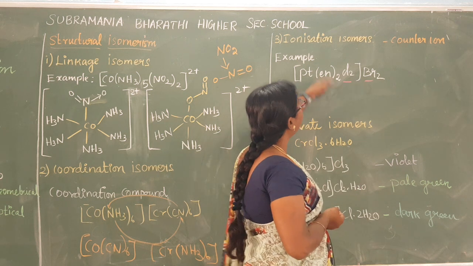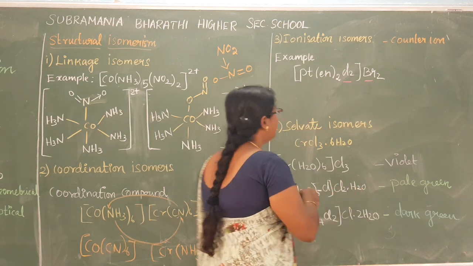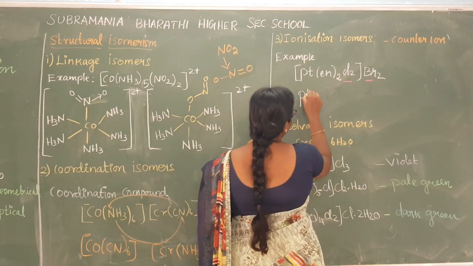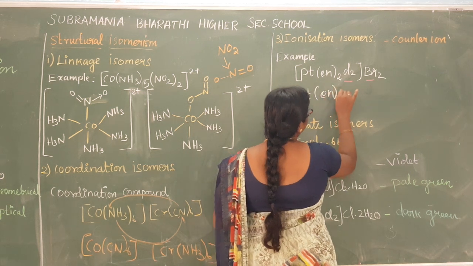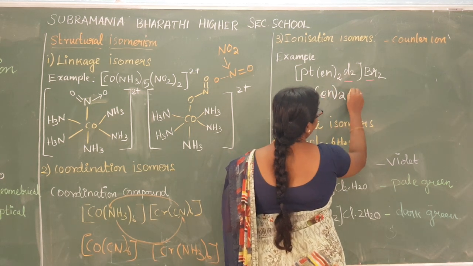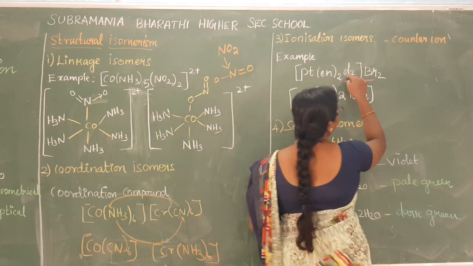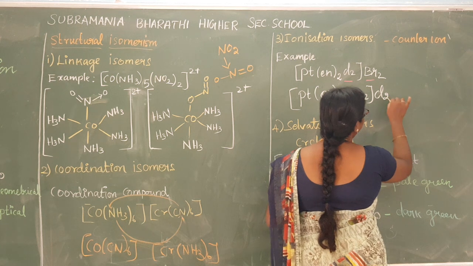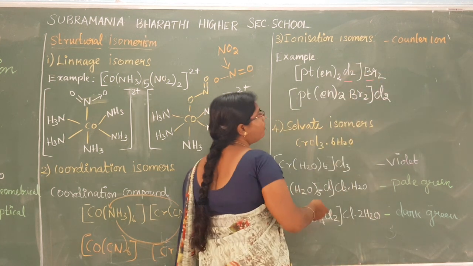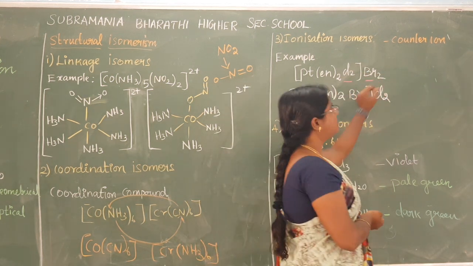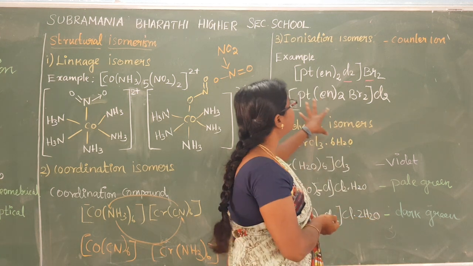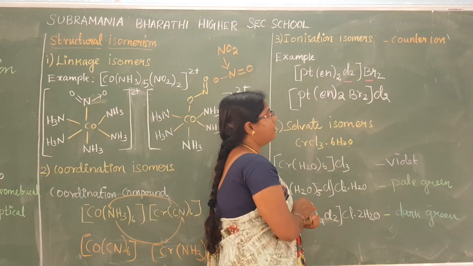In this way we can get the ionization isomer. If I write the example, in the place of chlorine I will write bromine, and in the place of bromine I will write chlorine. There is an interchange of ligands and the simple ions. This isomerism is called ionization isomerism.